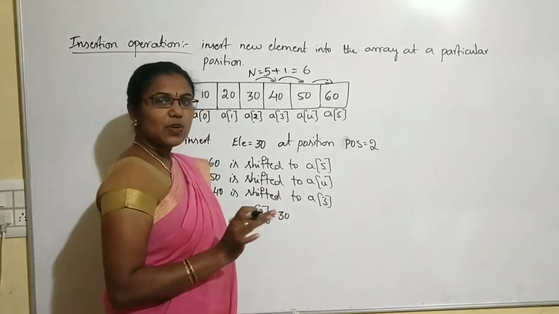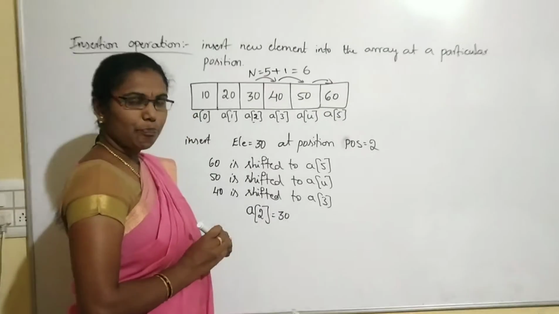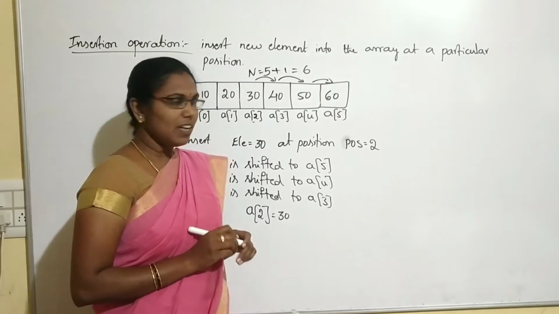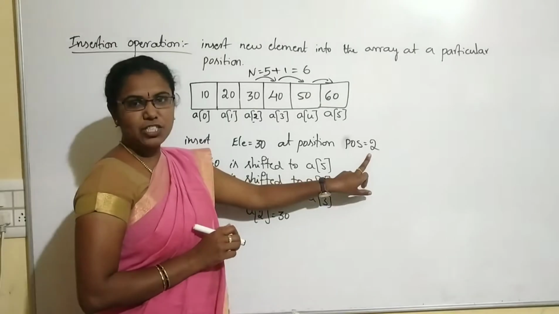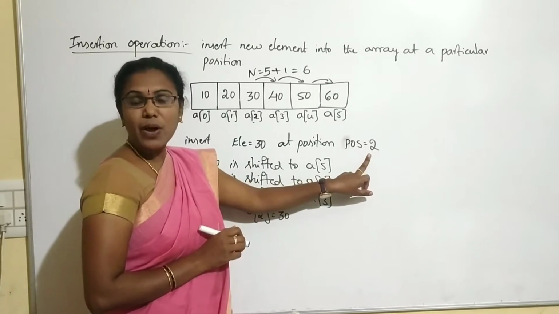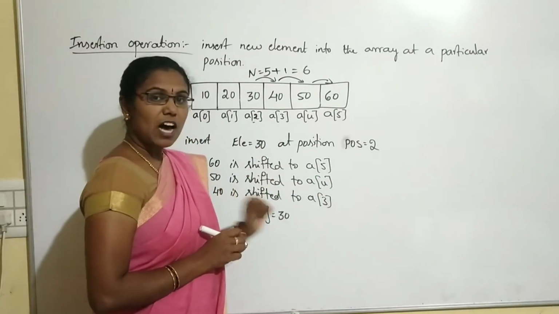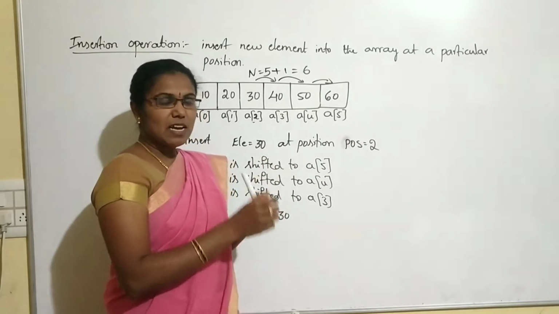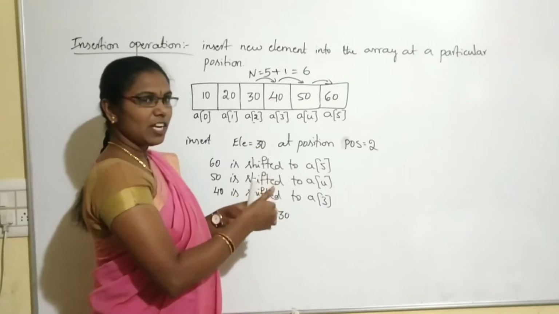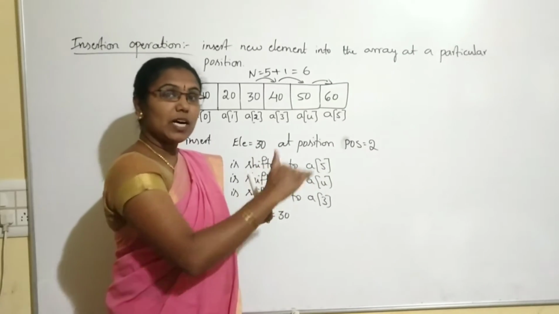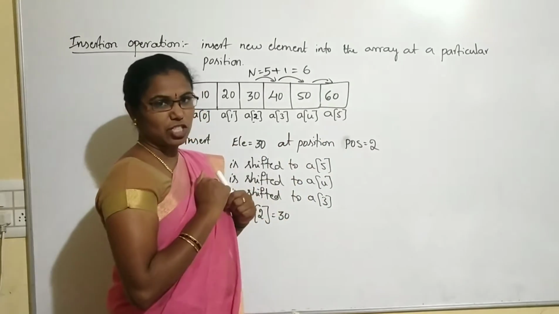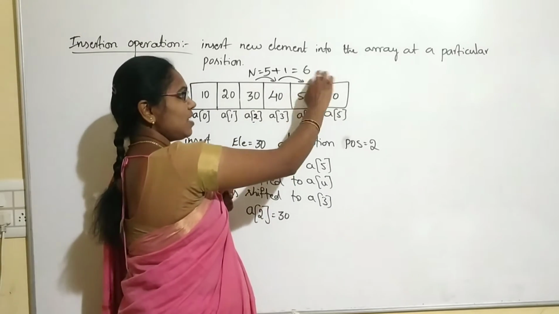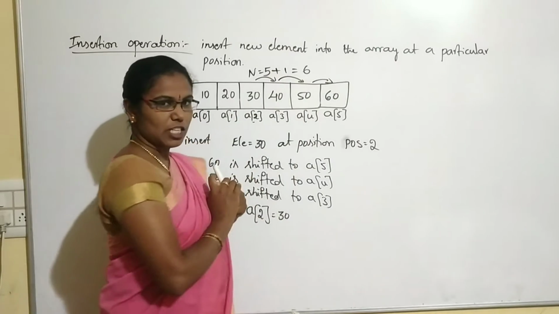Are you clear? So the procedure when we are inserting a new element into the array is this. First, we know the position, and for which position we want to insert which element. After knowing the position, what do we have to do? We shift the element at that position and all the elements after it to the next higher order positions.